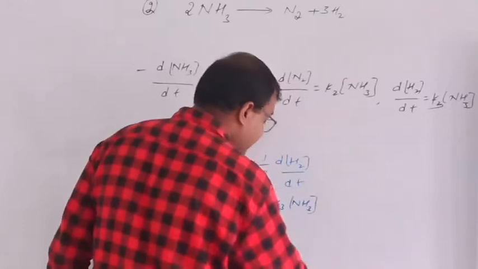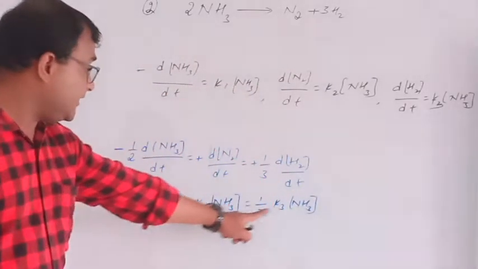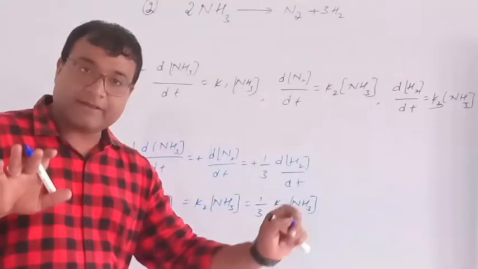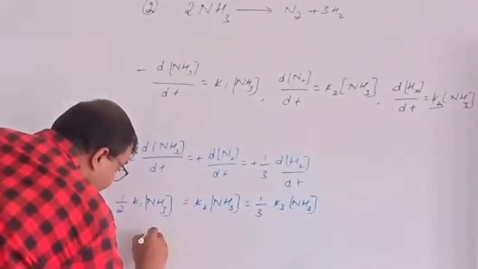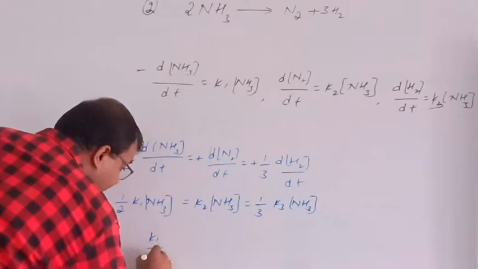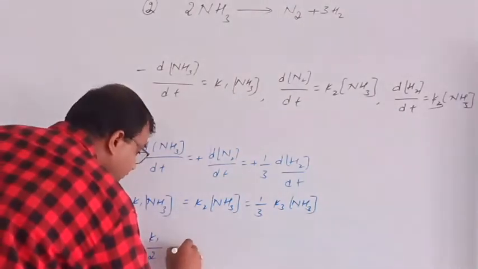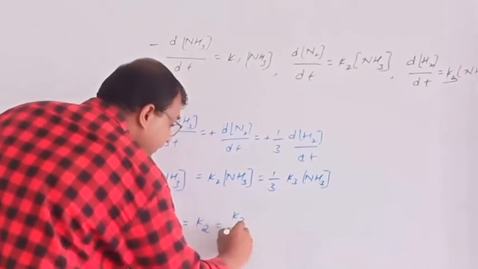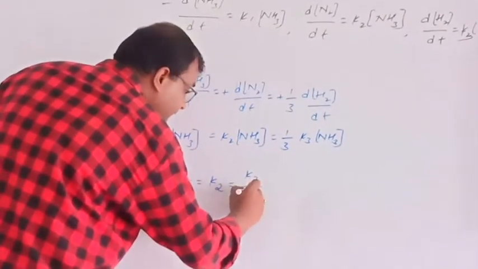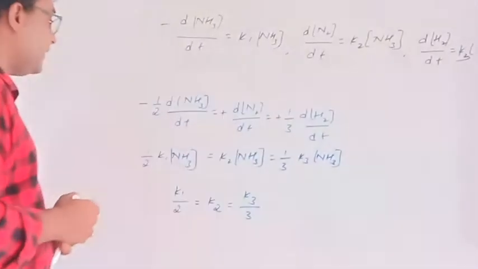NH3 is common everywhere, remove it. So you can write K1 by 2 is equal to K2 is equal to K3 by 3.